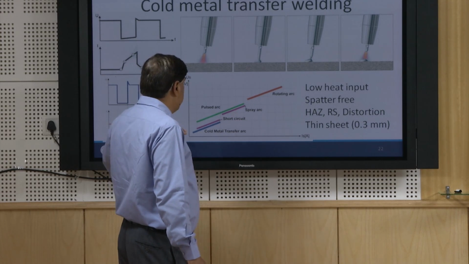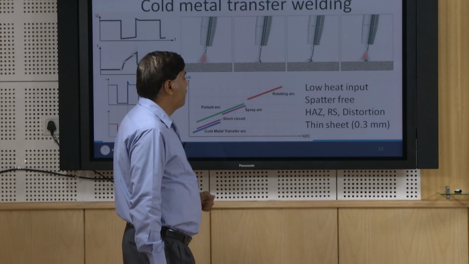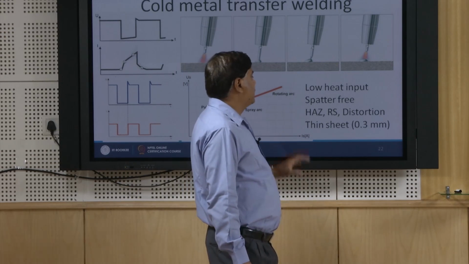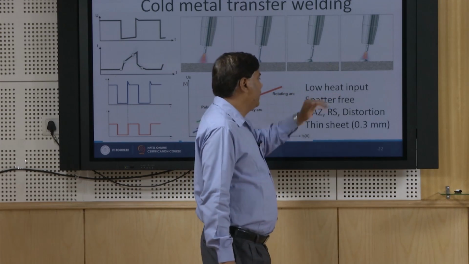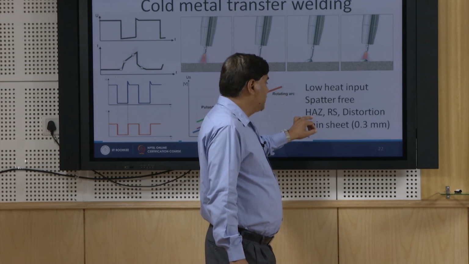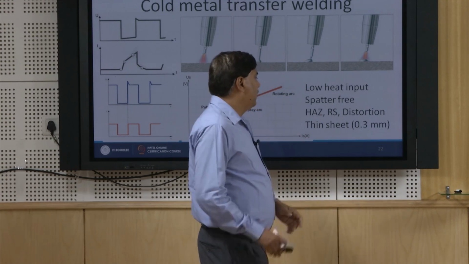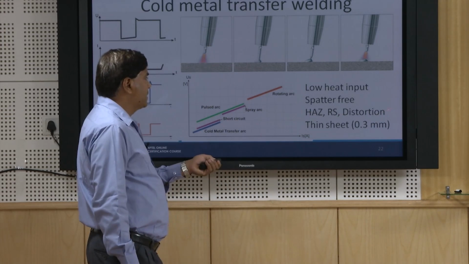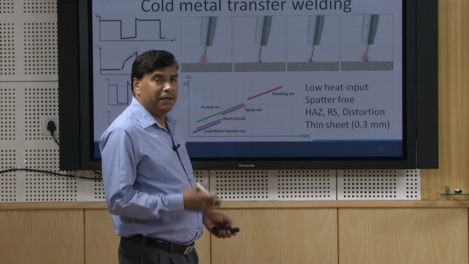So, it works with very low voltage and very low current conditions. As far as the advantage is concerned, this process has very low heat input and is spatter free, and because of these two it offers very limited heat affected zone, reduced residual stresses and distortion, and it is capable of welding very thin sheets.